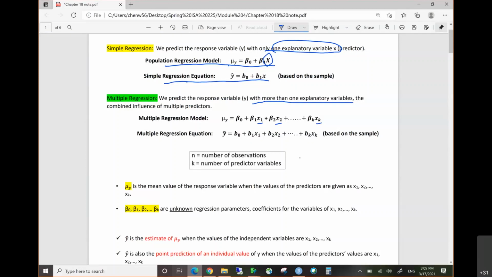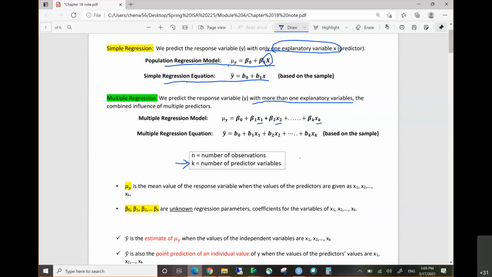If you think you have 10 factors that will affect the response variable, then you can add 10 variables into your multiple regression. That means this k will be 10. So here you have another notation for k: k is the number of predictor variables, or the number of explanatory variables, in your regression.